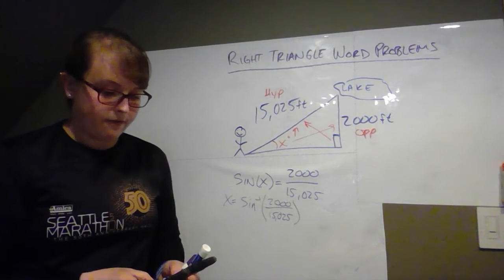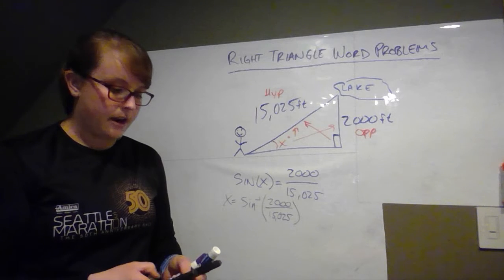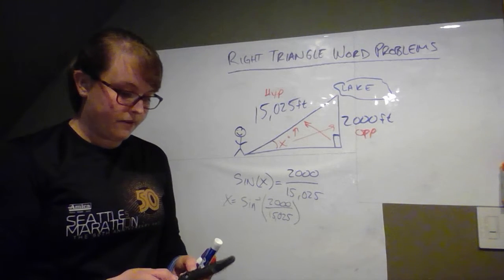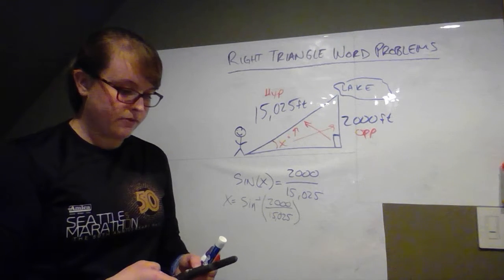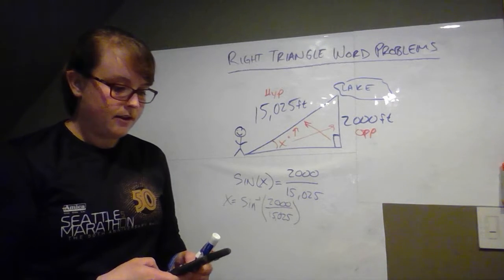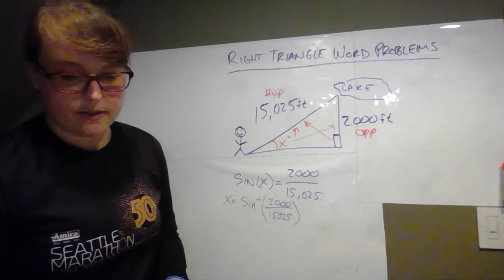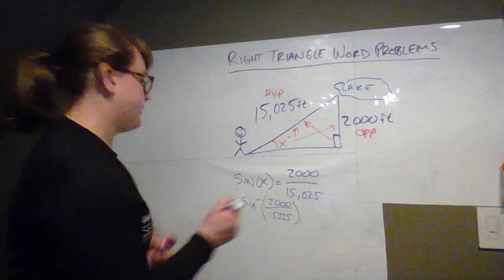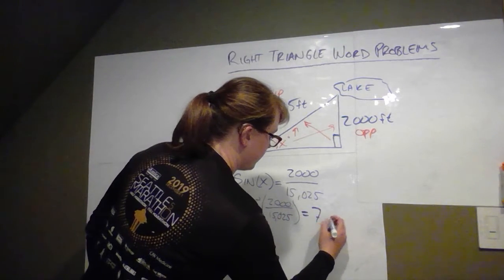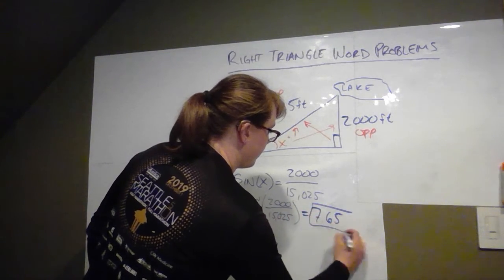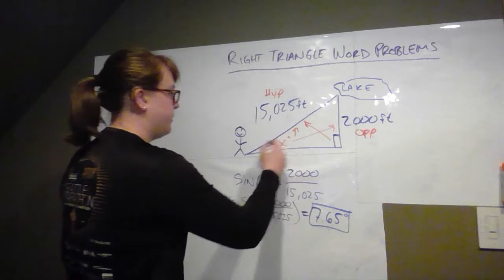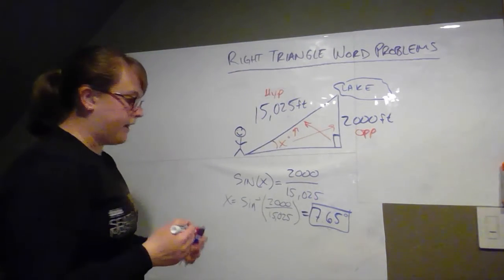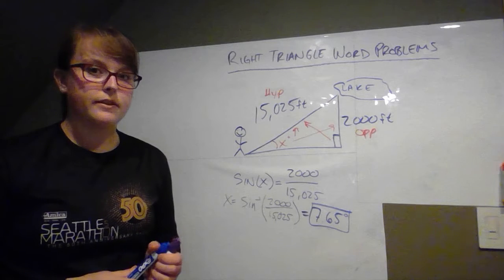Usually it's a secondary function, so you have to hit second sine 2,000 divided by 15,025. And we get 7.65 about degrees. So that would be our angle of elevation that we're hiking at, 7.65 degrees.